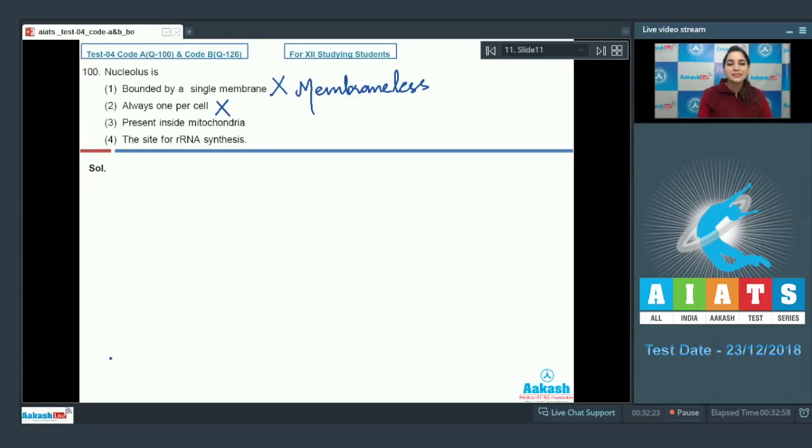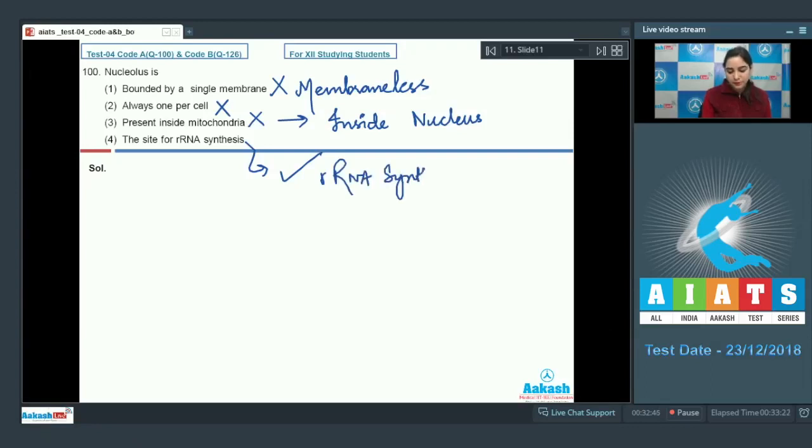No. It depends on the requirement of a cell. They can be more in number. They are present inside mitochondria? No, because they are present inside nucleus, as I just said. They are the site for rRNA synthesis, which is pretty much right, students. That's correct. Therefore, what is the right choice? Everyone knows. Option number 4 is the correct choice.